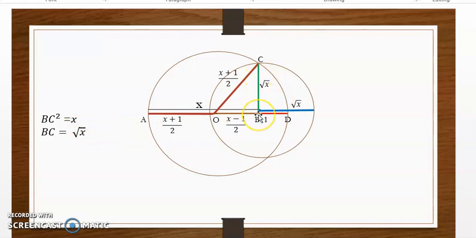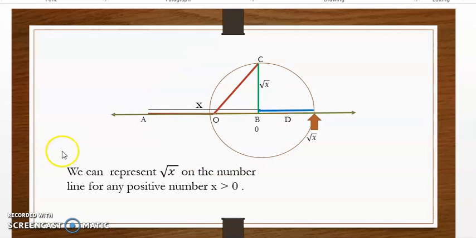So now I take my compass and I take this BC as a radius and make another circle. Since BC is the radius, this BC and this length will be the same. So if this is root x, this is also root x. So how do I mark it on the number line?